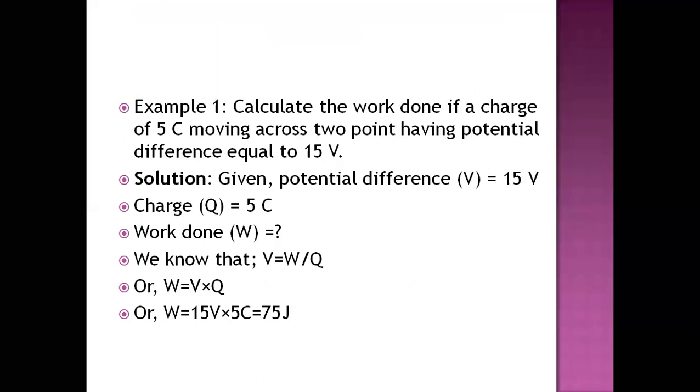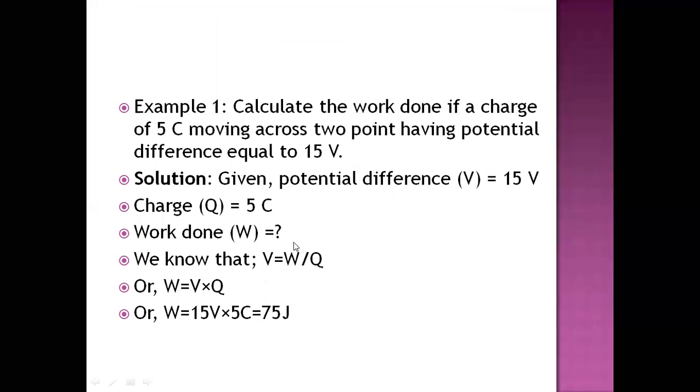So these are numericals related to electric potential. How can you calculate the work done if a charge of 5 coulomb moves across 2 points having a potential difference of 15 volt? This 15 volt is the potential difference, that is the voltage, and 5 coulomb is the charge. You need to calculate the work done.